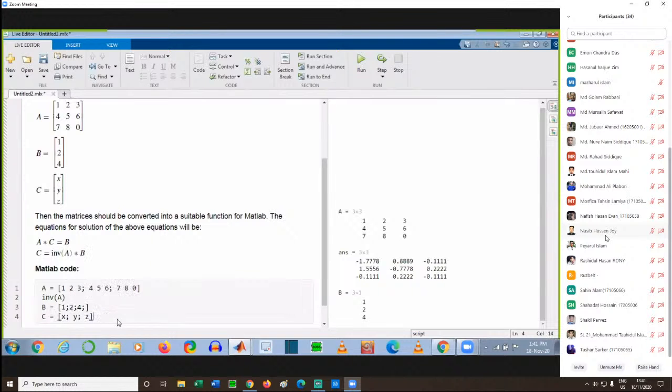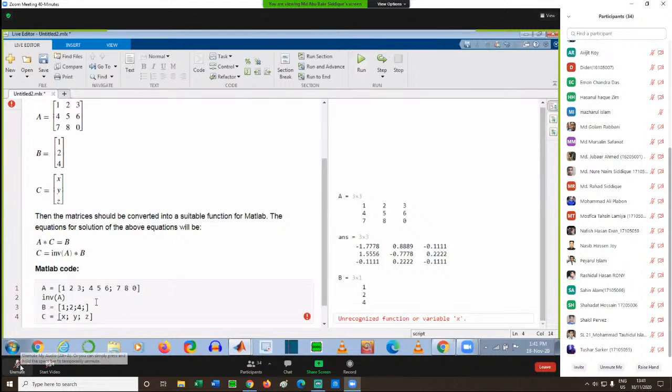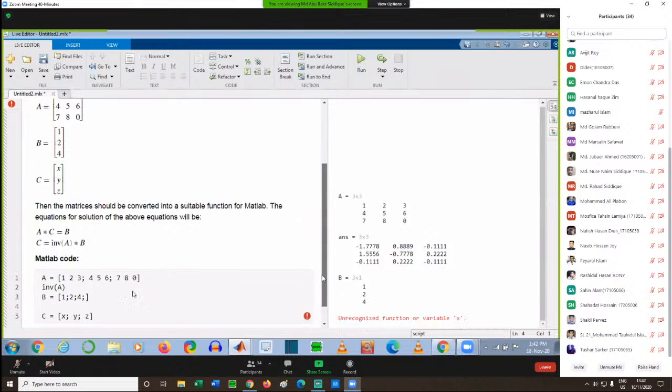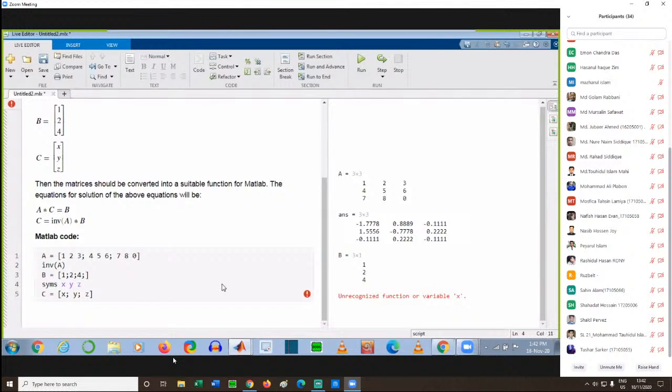Let's run it and see what will happen. Oh, error. So what do you need to do? We need to assign the x, y, z values. Syms x, y, z maybe. Right, exactly, because these are variables. Syms x, y, z. Now hopefully it will work.